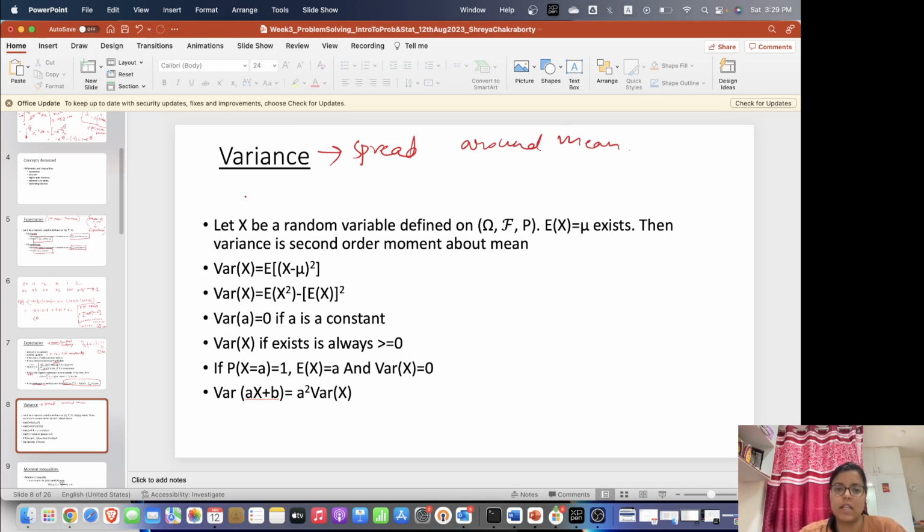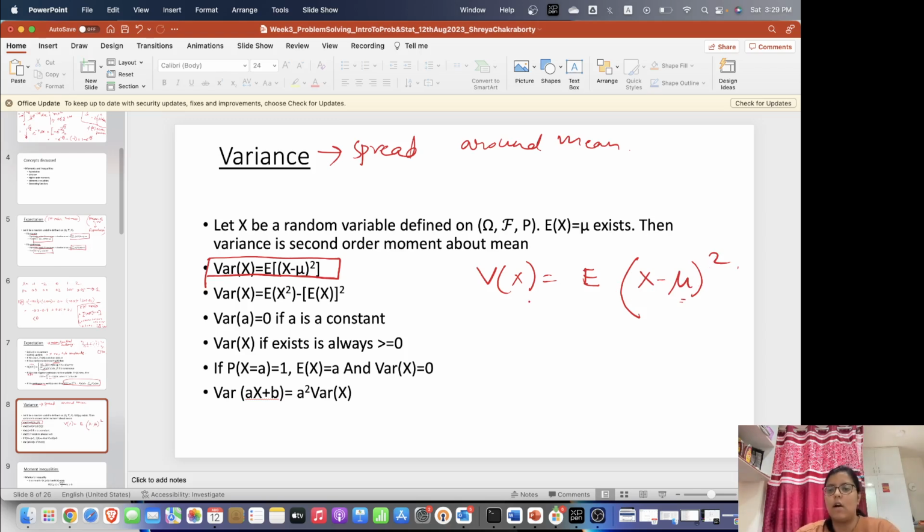So whenever variance is there, this is the formula. Variance of x equals expectation of x minus mu whole square, where mu is the mean. We are quantifying how much this random variable deviates with expectation of x minus mu whole square.